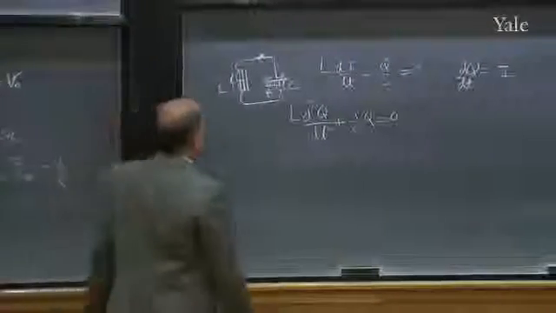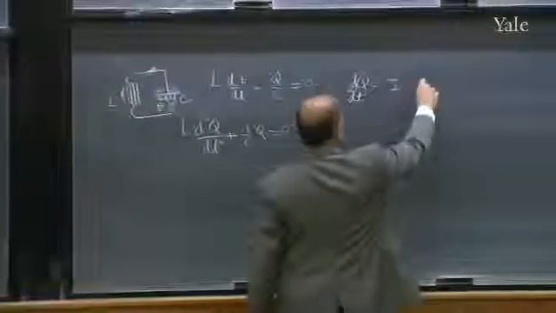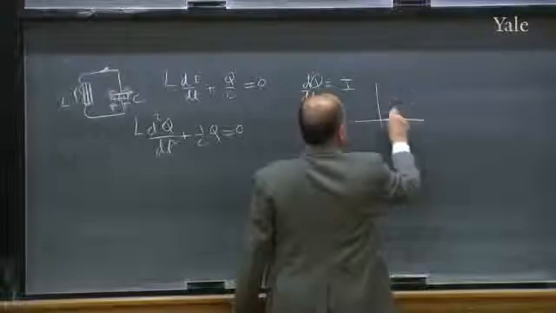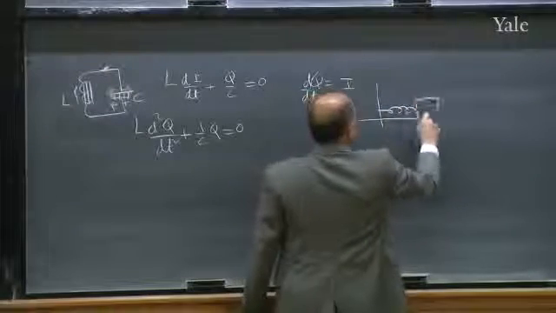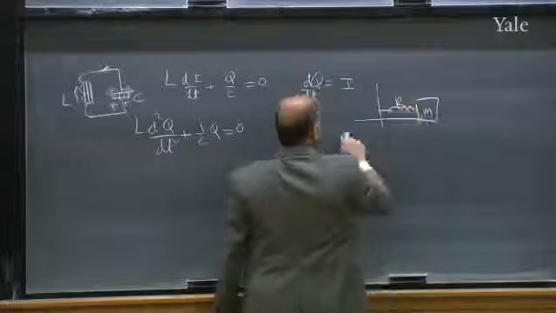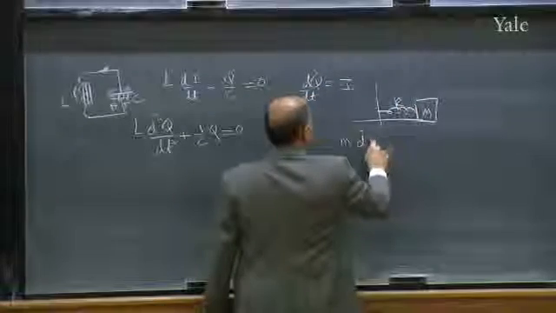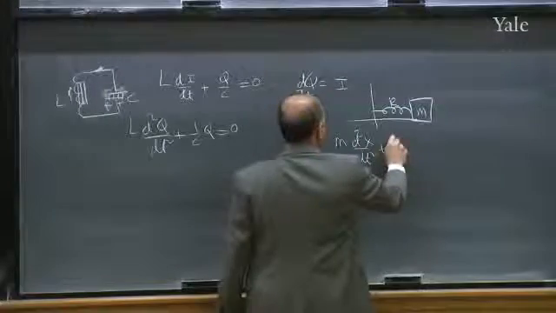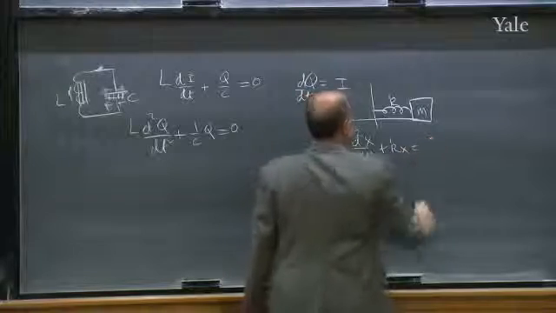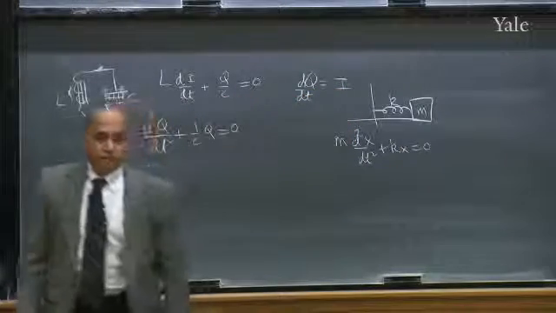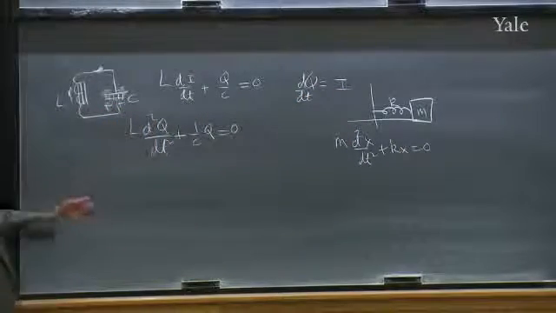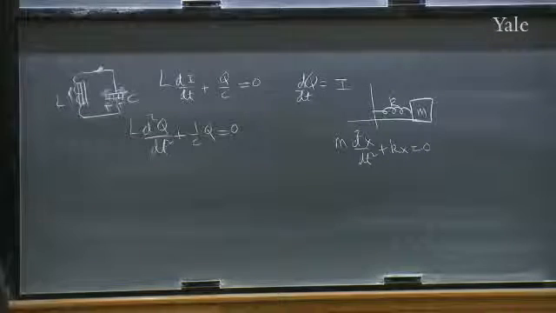Now, we have seen exactly this equation before, right? We saw the equation for a mass coupled to a spring, m d²x/dt² plus kx equal to 0. There we know what it does. We know it oscillates back and forth.